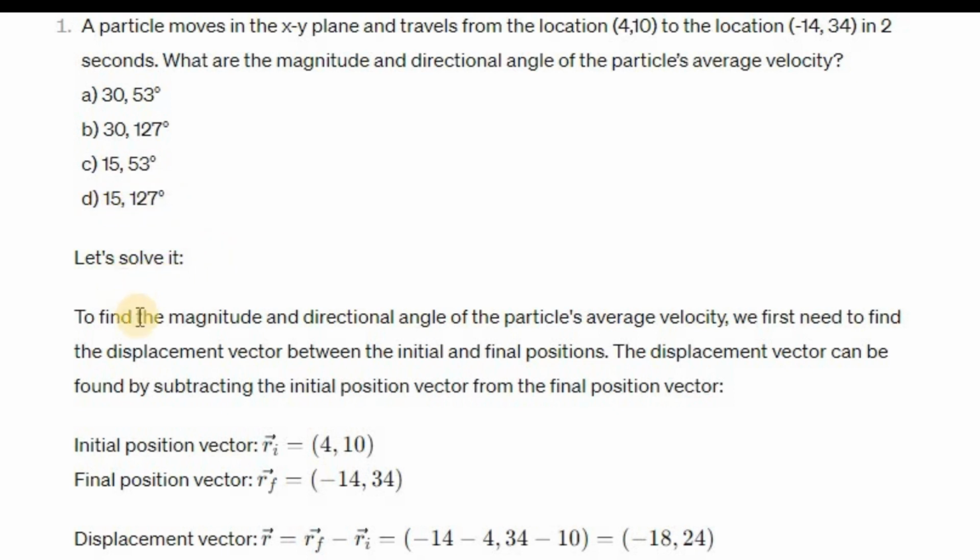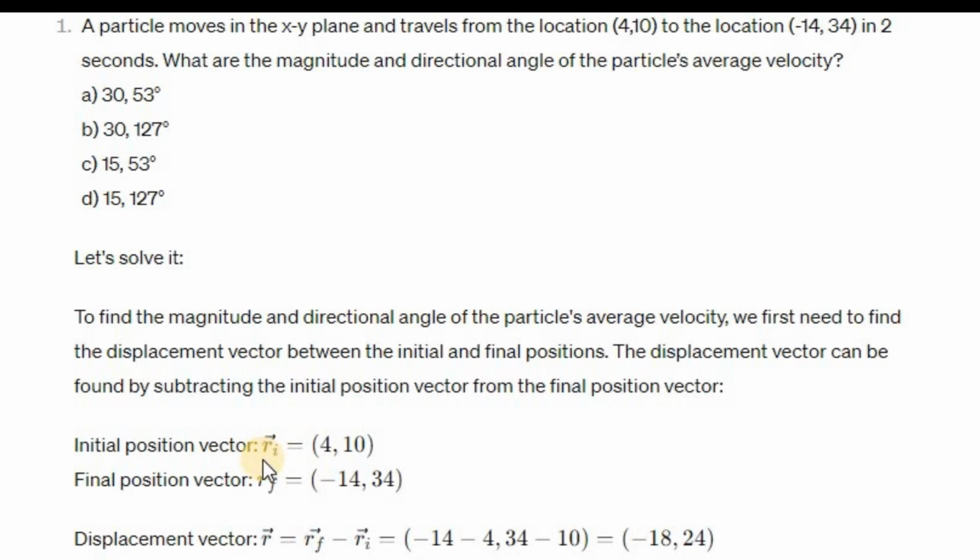Let us solve it. To find the magnitude and direction angle of the particle's average velocity, we first need to find the displacement vector between the initial and final positions. The displacement vector can be found by subtracting the initial position vector from the final position vector.